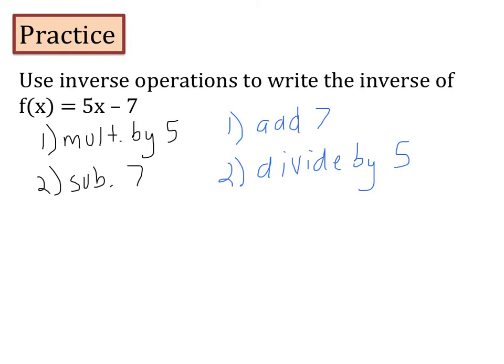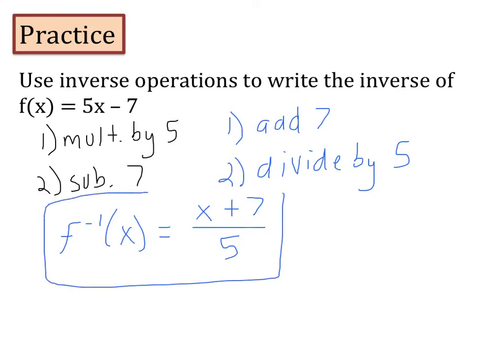So we're writing the inverse of this function, so we're going to take x, add 7 to it, and then divide the whole function by 5. And that'll be our inverse to it. So the trick is to figure out what's happening on the original function and then just reverse the order for the second part of it.